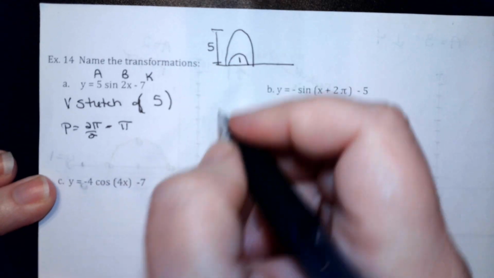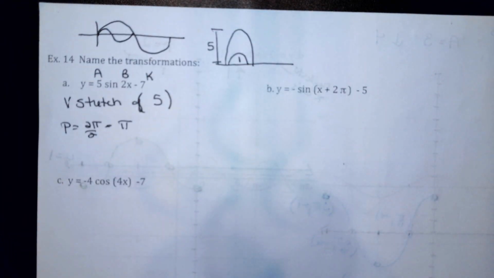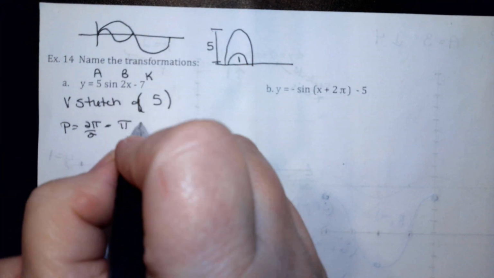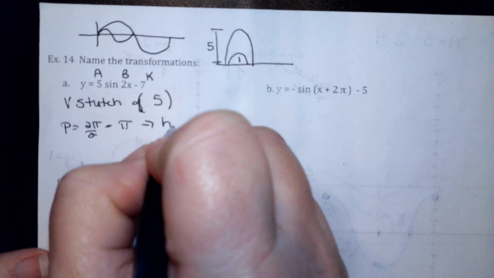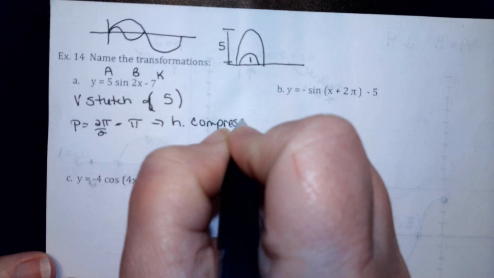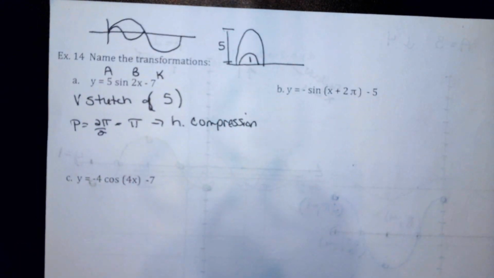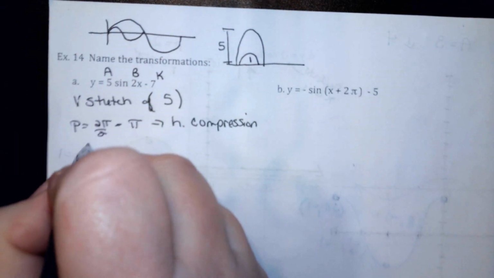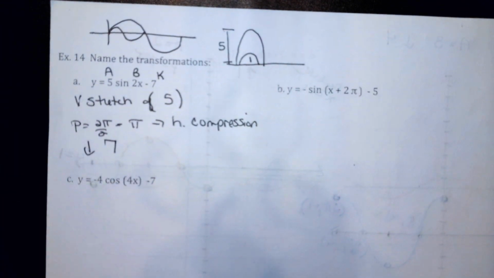So the period was 2 pi, but now it's gone down to pi. So what has it done? It is horizontally compressed. So this is a horizontal shrink, or we can say compression. And then the -7 shifts it down, so we just simply say it goes down 7.